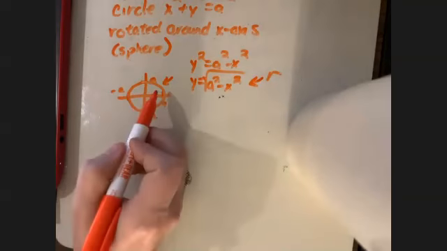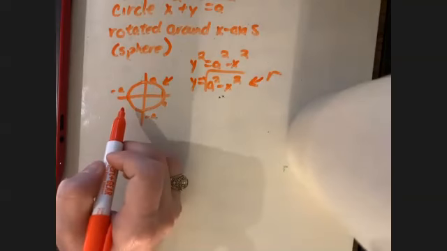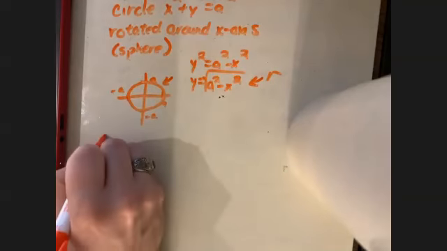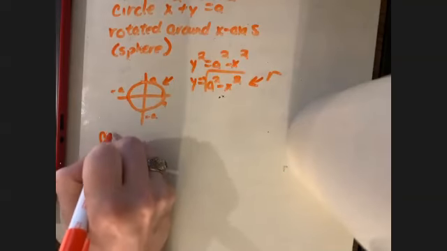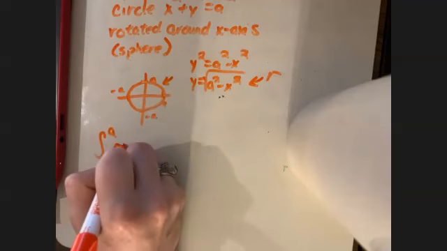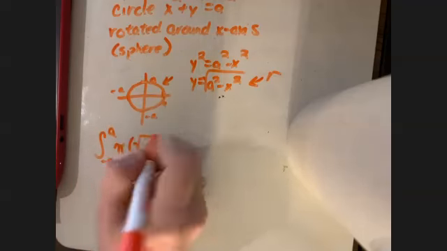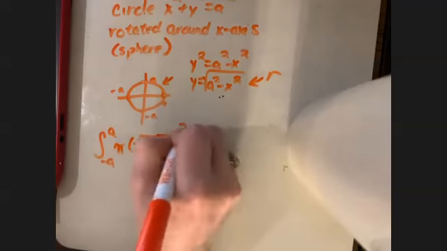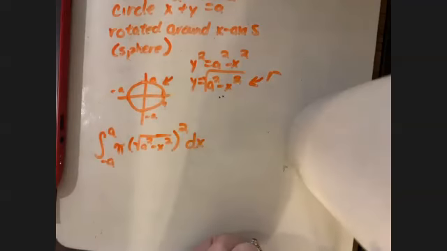One thing is that because we know it's a circle, we know that circles are even functions. So two options that I have. One is I can go from negative a to a, so from here to here, of pi times our square root of a squared minus x squared, squared, dx.